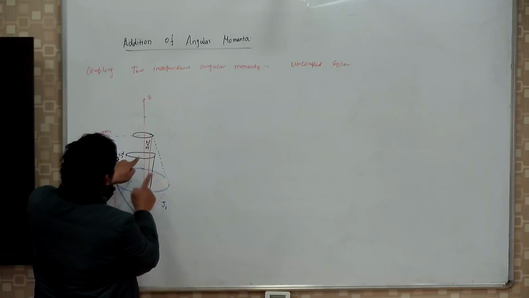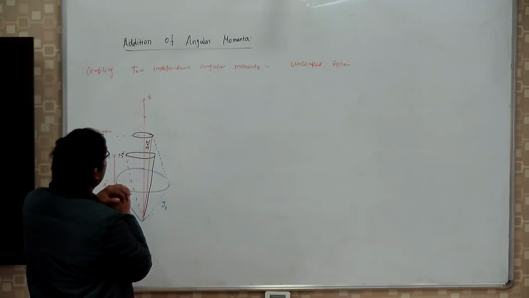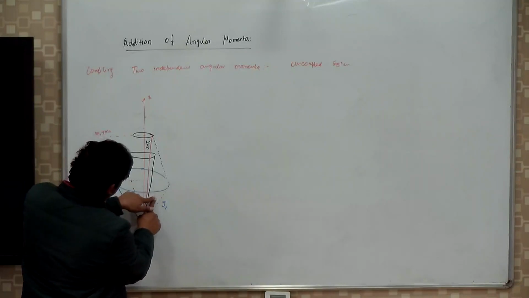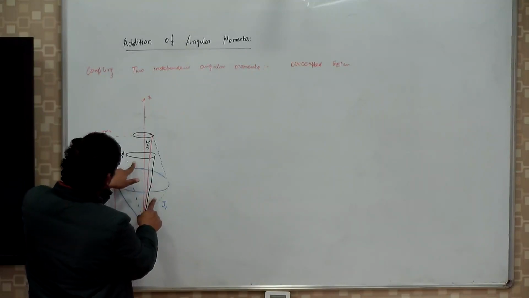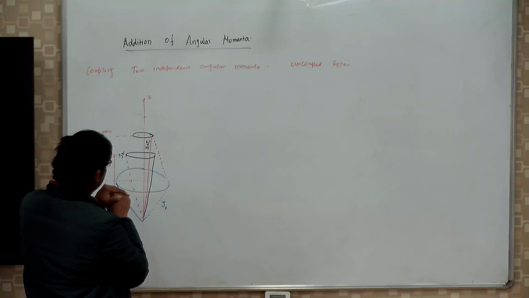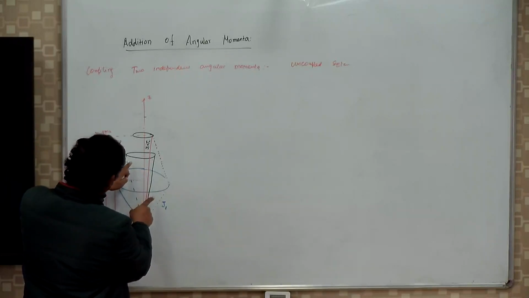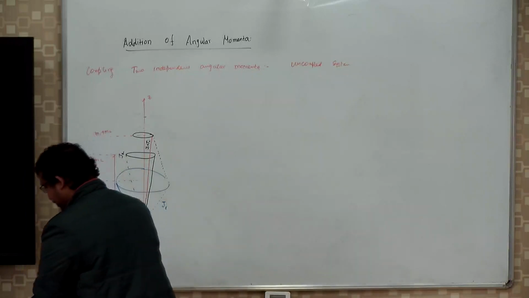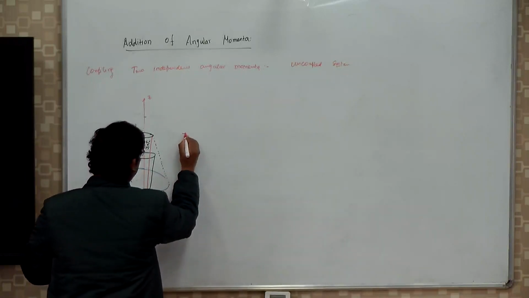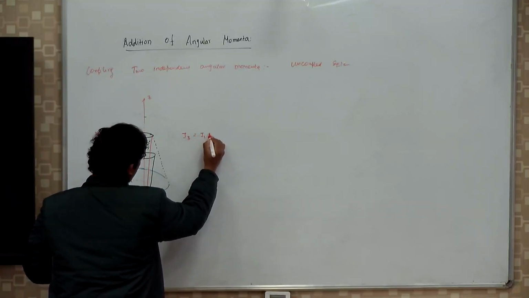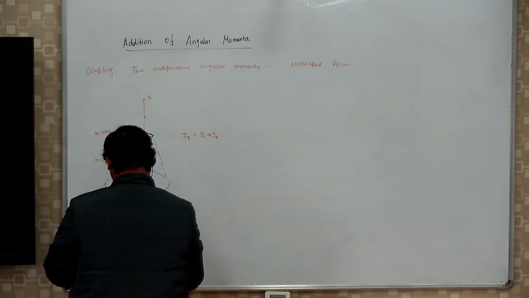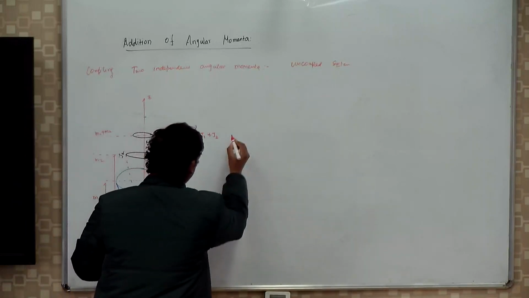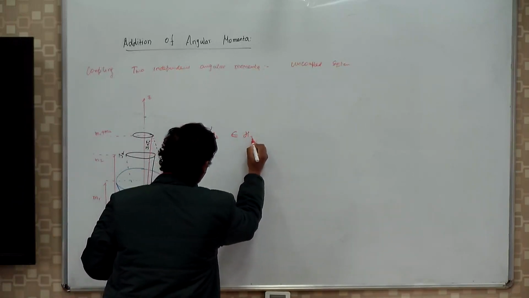These are two independent angular momenta; J1 belongs to the Hilbert subspace H1 and J2 belongs to the Hilbert subspace H2. If we combine these two systems we get J3, which is J1 plus J2, and the Hilbert space is H3.